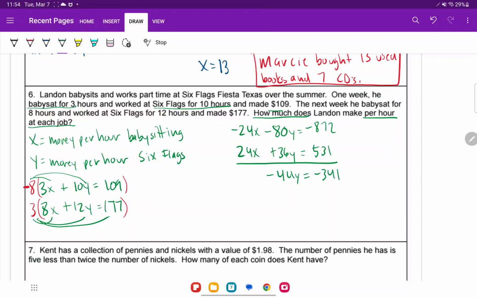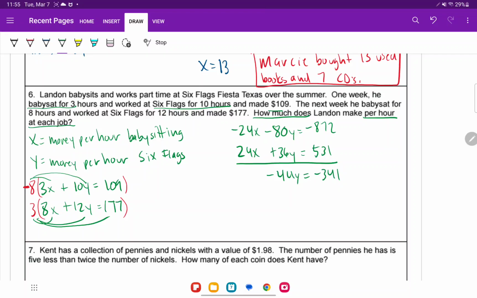All right, let's verify that we have this correct. 3x plus 10y equals 109, and 8x plus 12y equals 177, so negative 24x, negative 872. All right. Yep. Okay.